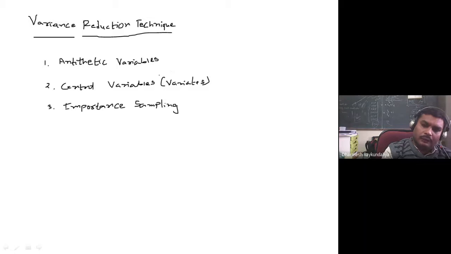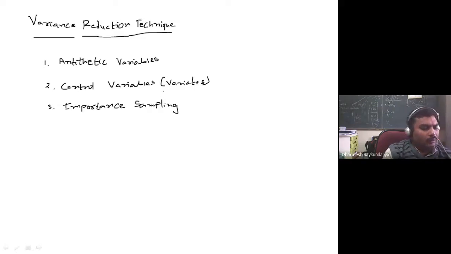And then later on we will introduce another technique, known as the control variate technique, which is also useful to reduce the variance of the integration. And then last we will talk about the importance sampling method.